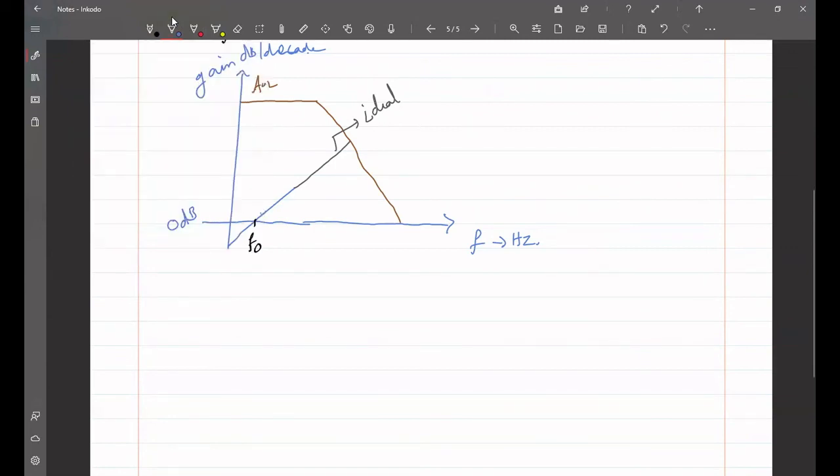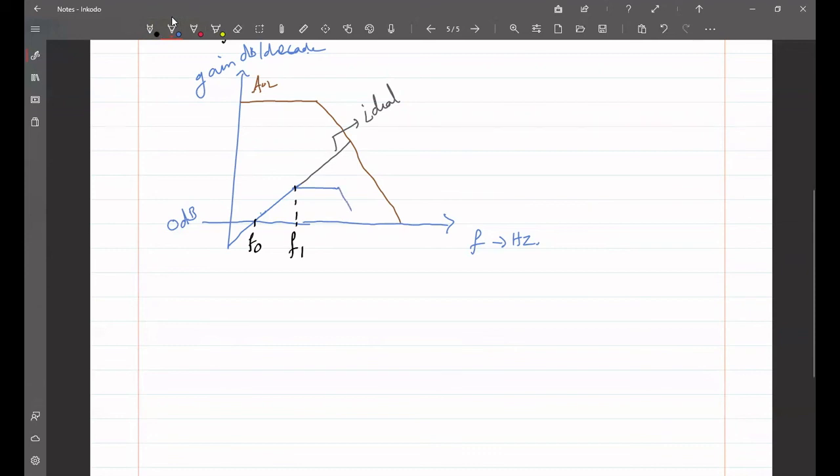But in case of a practical differentiator, what will happen? Due to the presence of the input resistance, the input impedance, the gain will be restricted and it will be maintained like this. This frequency is F1, the first corner frequency. The gain will keep on increasing up to a certain frequency level.